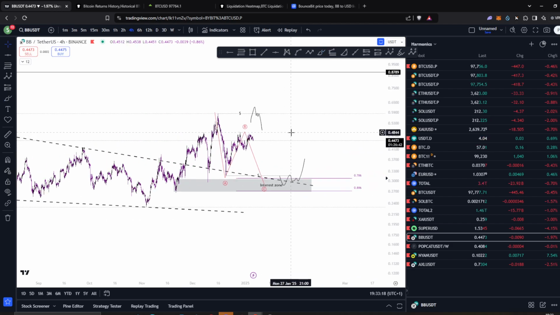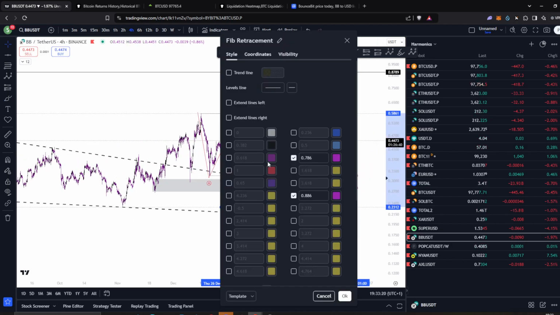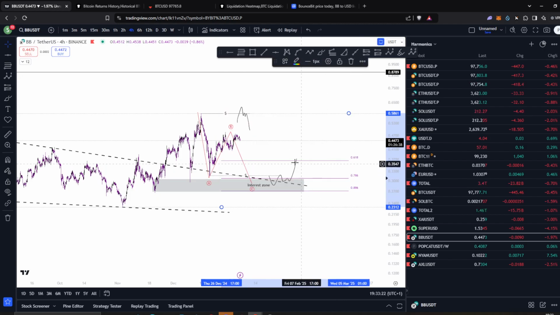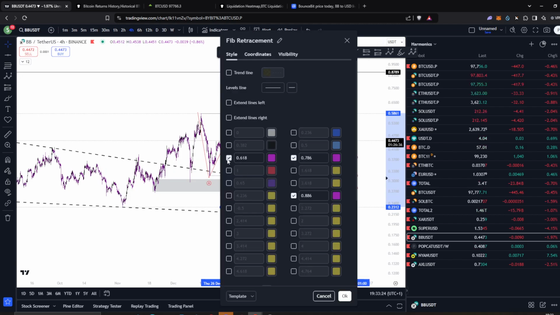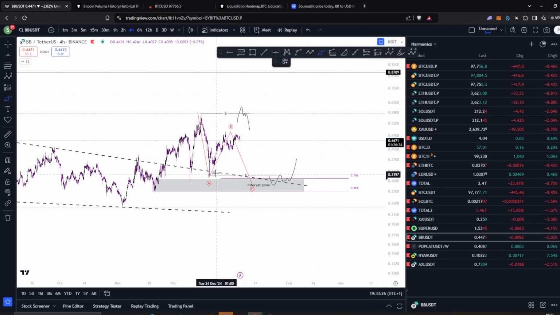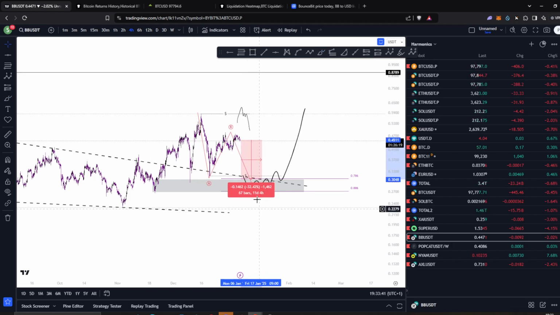So my interest zone lays here. I could even add the 618 fib. 618 is too high. But yeah, below this 8 point, I want to see a sweep of this 8 point into the 786. That's where I want to DCA. That's my interest zone. I will not buy here. You're likely going to come down and you will be in a massive drawdown.